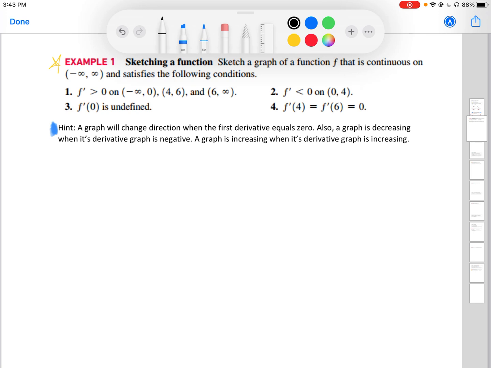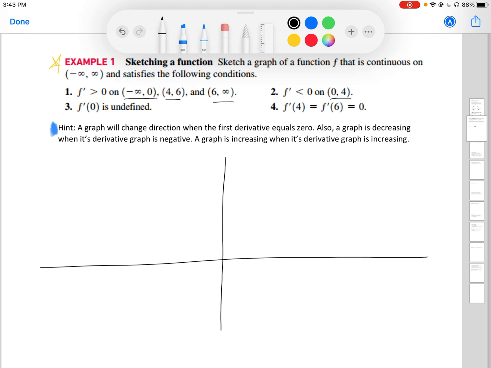Let's draw a really rough sketch. And let's label some points. So we have from -infinity to 0, from 4 to 6, and from 6 to infinity, and also 0 to 4.